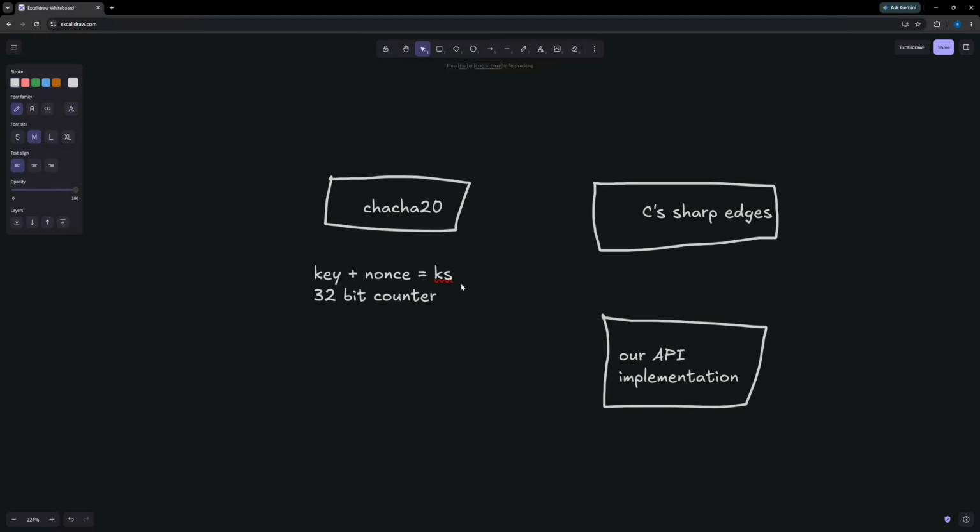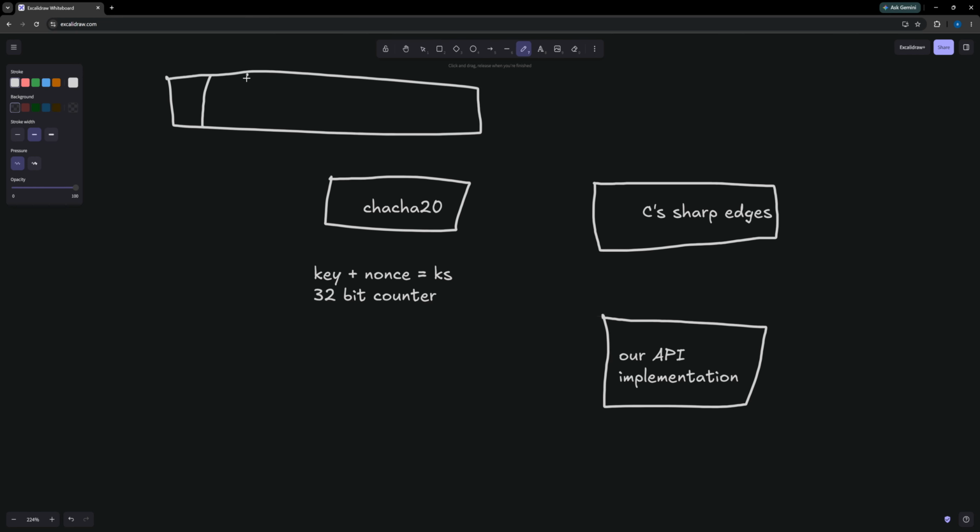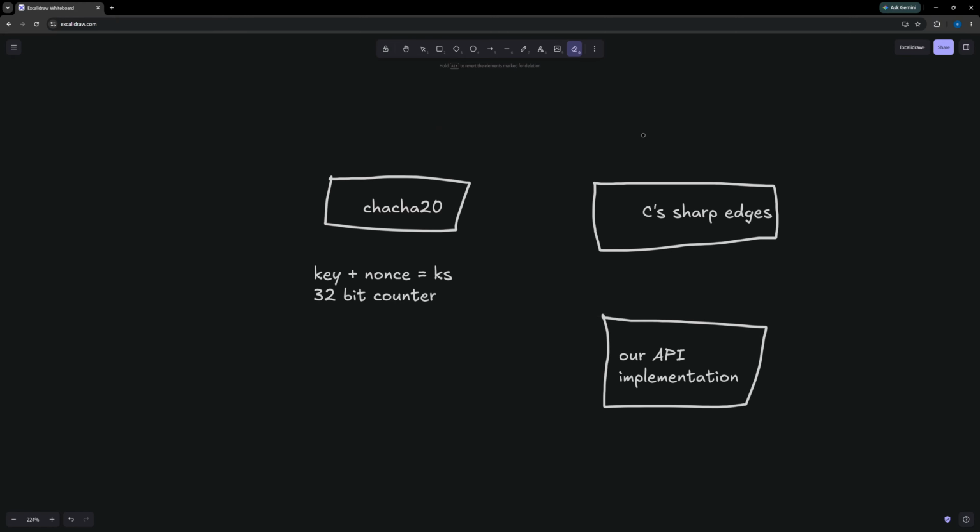And this, we can't let it wrap, because if it wraps back around, it starts back at 0. So if you have your counters like this, and these all start at 0, and then you keep going, you have 1, and then you get full, and these are all 1s, then you're going to roll back to 0. And at 0, we would reuse the key stream for the same key and nonce. So we can't allow that to happen.